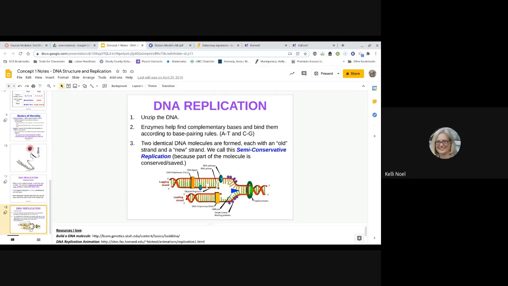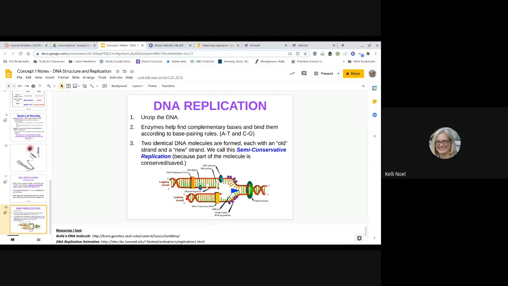So it's going to unzip first. It has special enzymes that will come in and break apart the bonds between the bases right here. Then it has other enzymes that will help bring in the bases to make the new strands. One strand, the leading strand, is made in one direction, and the lagging strand is made in a different direction, and it's kind of made in chunks.